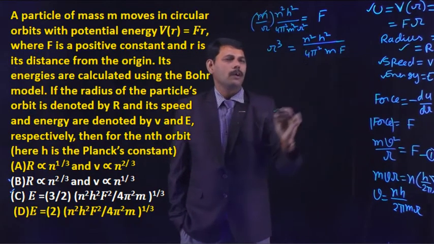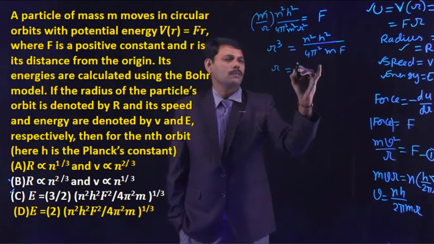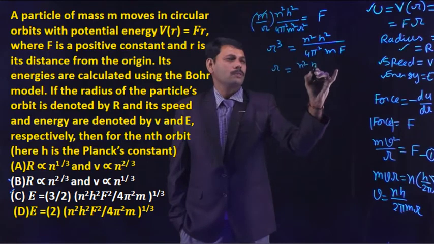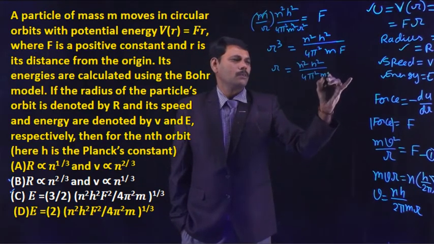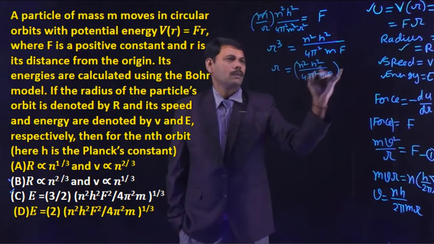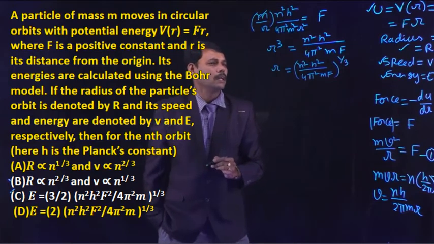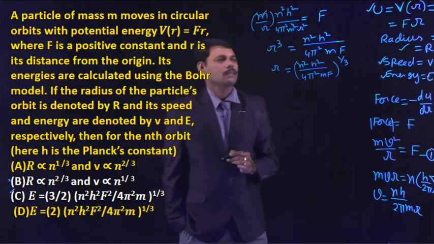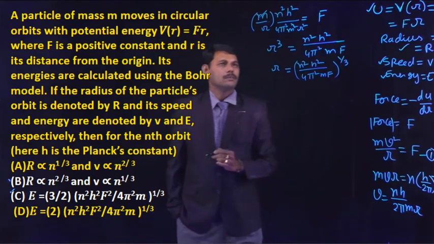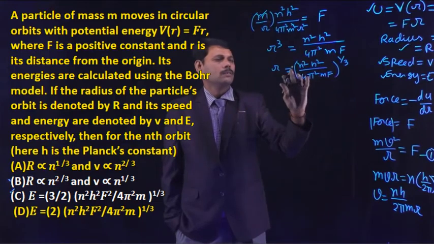This is the r cube value. Taking the cube root on both sides, we get r is equal to n square h square divided by 4 pi square m F, whole power 1 by 3.